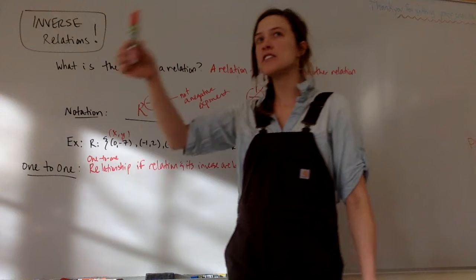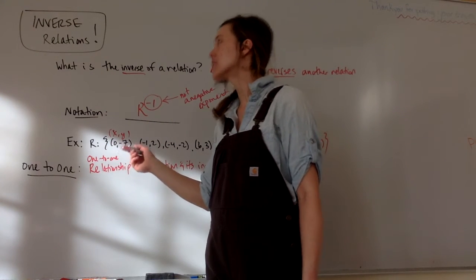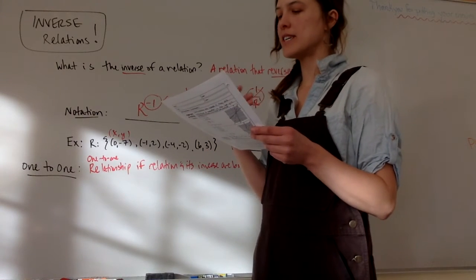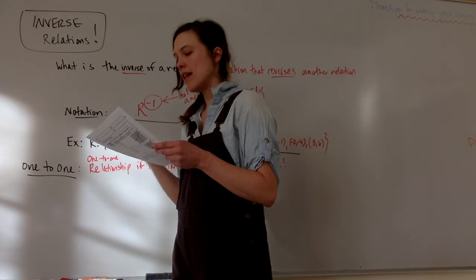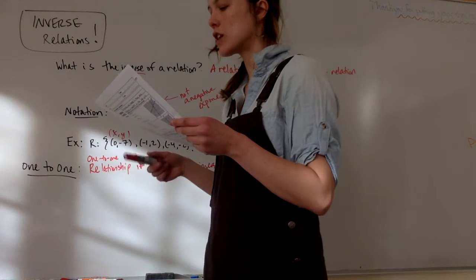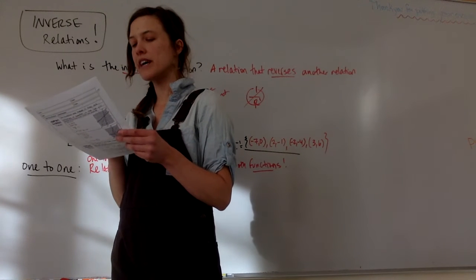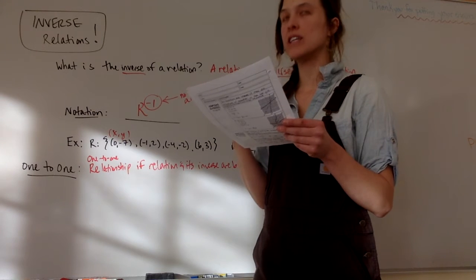Is it a function? Vertical line test. Is it a one-to-one relation? Horizontal line test. So recall, the vertical line test is used to determine whether a relation is a function on a graph. The horizontal line test is used to determine whether the inverse of a relation is a function.